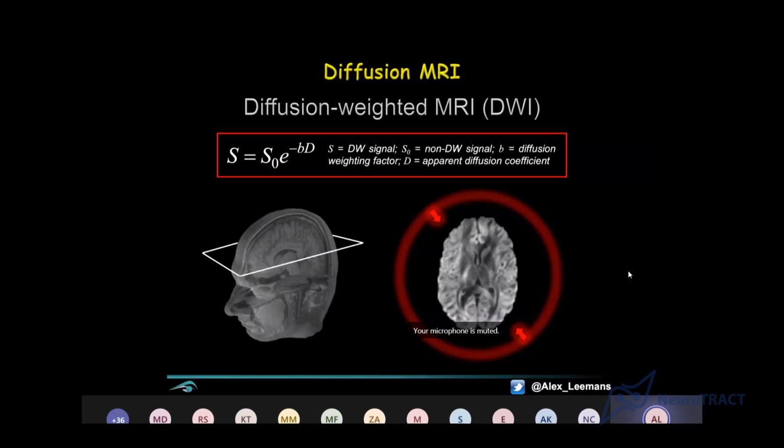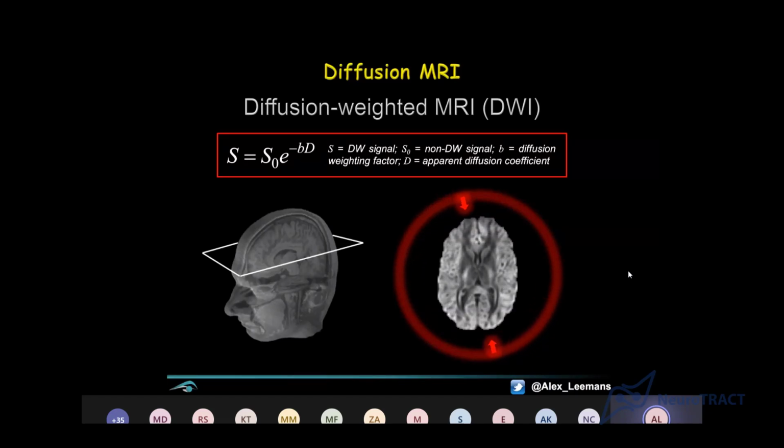This B value says something about the acquisition. How long were the gradients activated? What's the distance, the time between them, and also their magnitude. That's all condensed into this B value. If you look at the equation, the diffusion weighted signal is equal to the non-diffusion weighted signal times e to the minus bd.